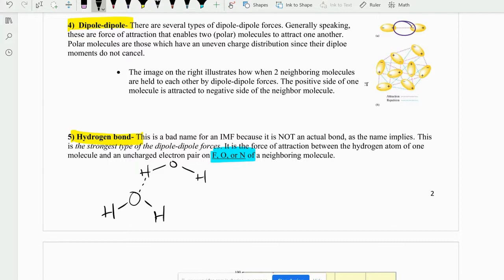Again, it's not a bond, it's an intermolecular force. So a hydrogen bond is not the same as a bonded hydrogen. When you hear the word neighboring molecule, a molecule next door or really close by, oftentimes you'll see the word adjacent. So adjacent and neighboring are synonymous. Yay, there's more synonyms.